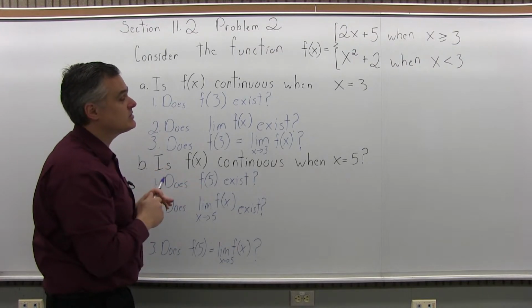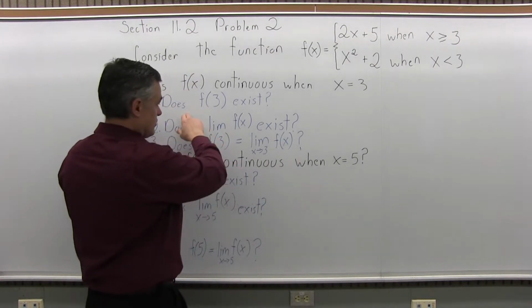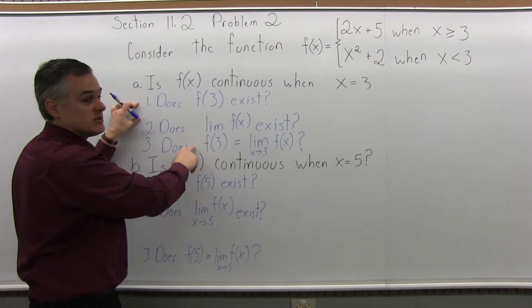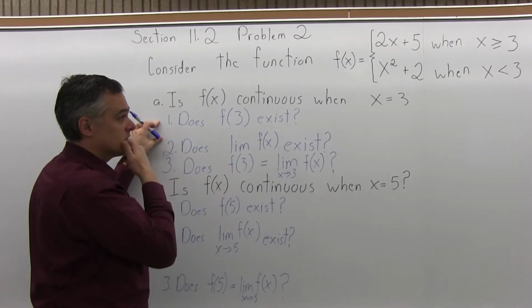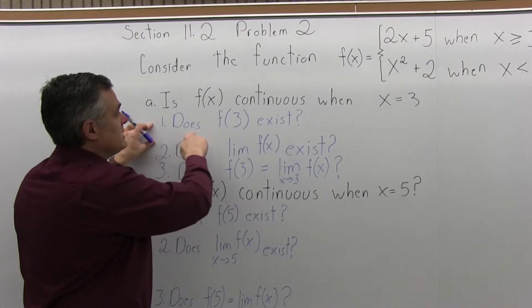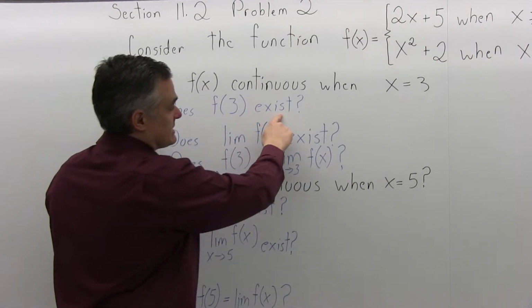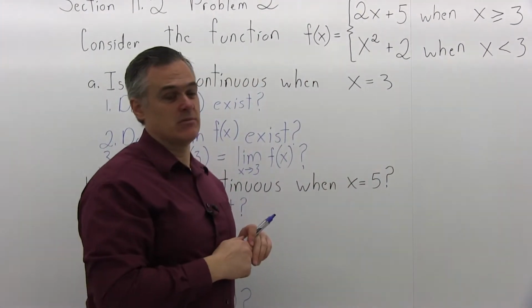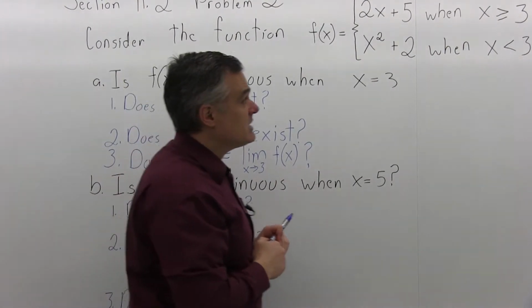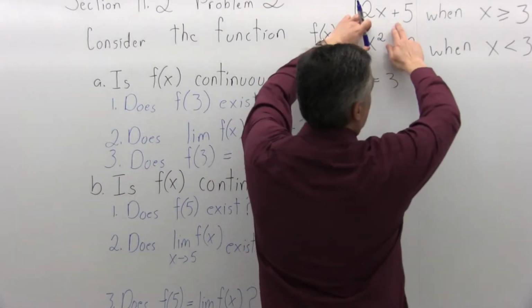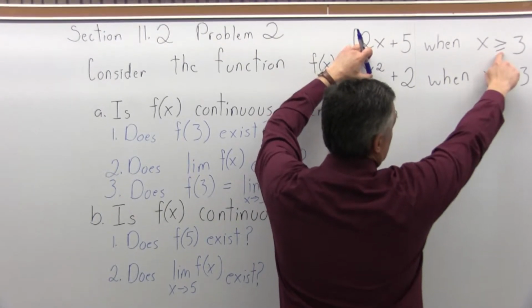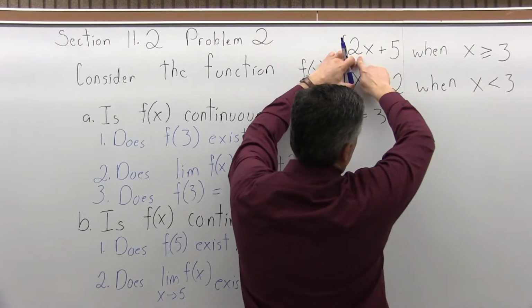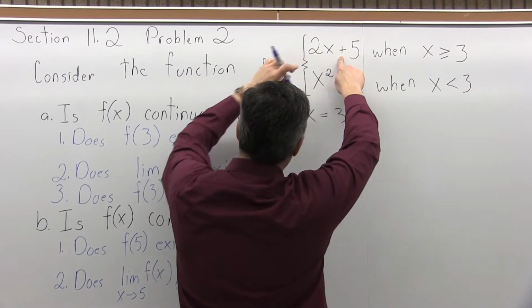So first, when x is 3, we're going to answer the three questions that we have to answer to determine if any function is continuous at any point you want. Does f of 3 exist? So can I use 3 as an input and find an output? And the answer is yes. So the top branch of the function says if my input is 3 or more, my output is calculated by 2 times the input plus 5.